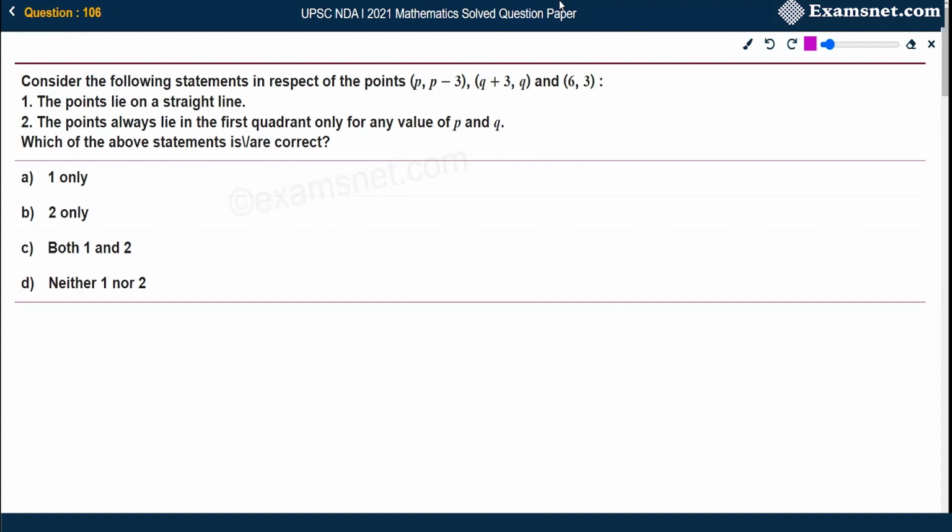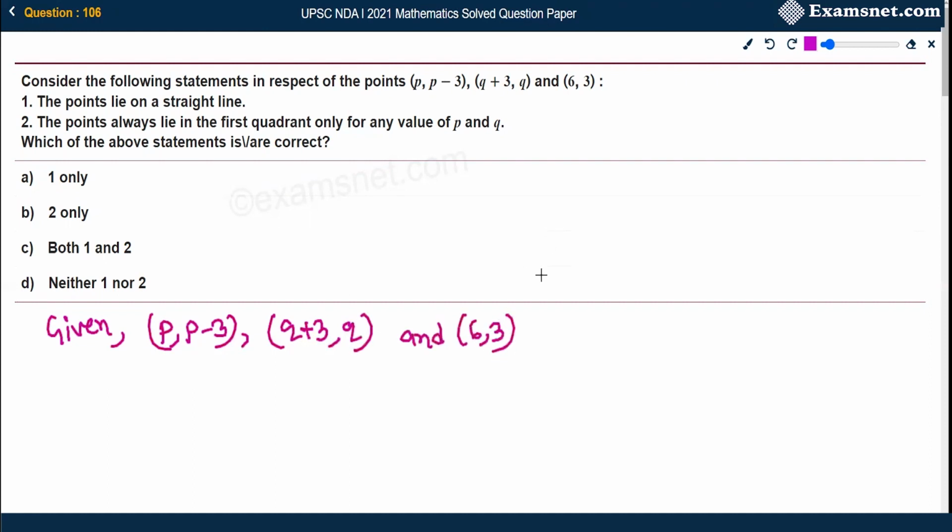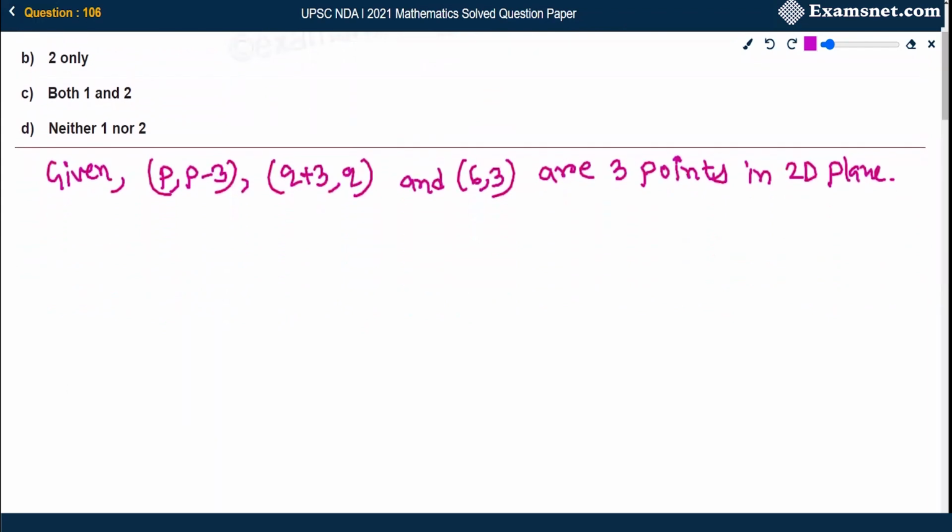Since we are given only two values, an x coordinate and a y coordinate, we can say that these are 3 points in a 2D plane: (p, p minus 3), (q plus 3, q), and (6, 3). Now statement 1 says the points lie on a straight line, so we need to check whether the points are lying on a straight line or not.